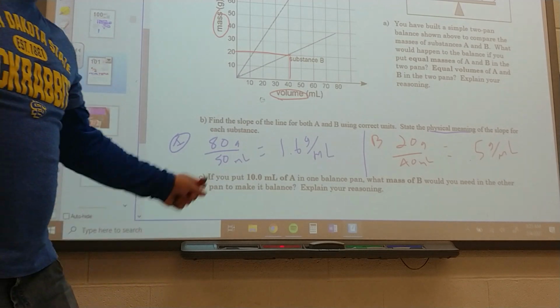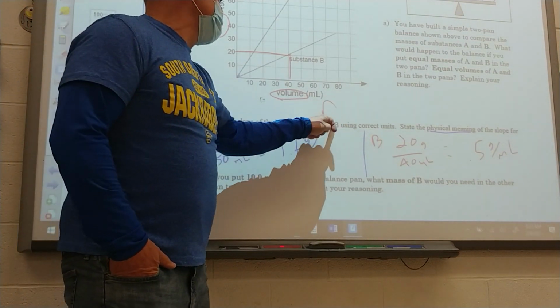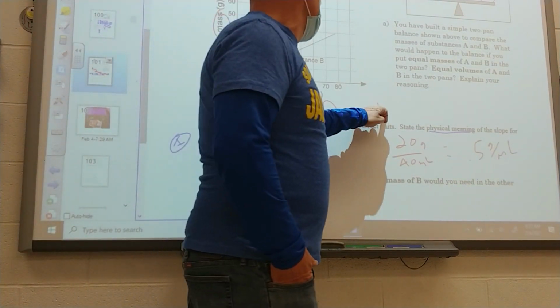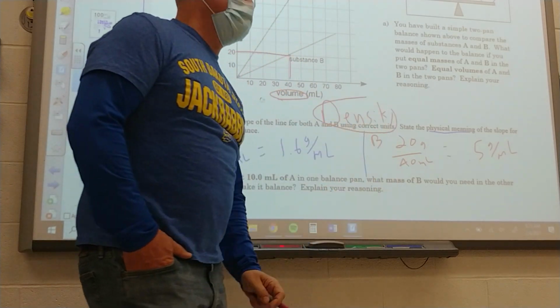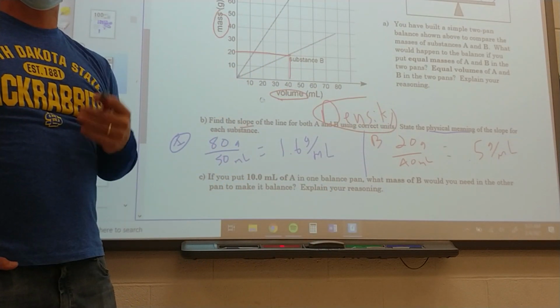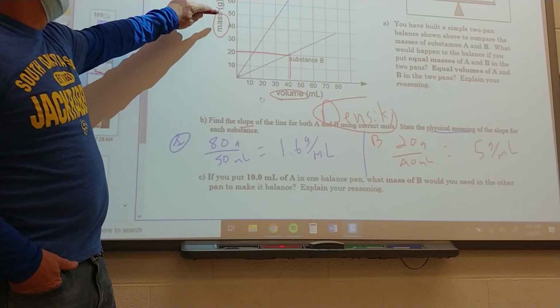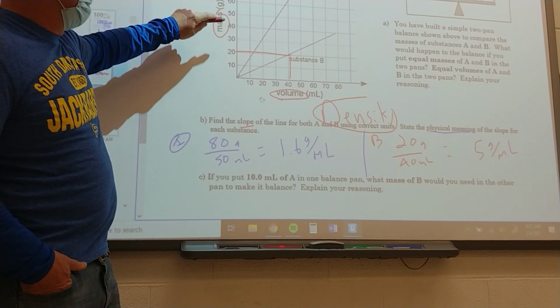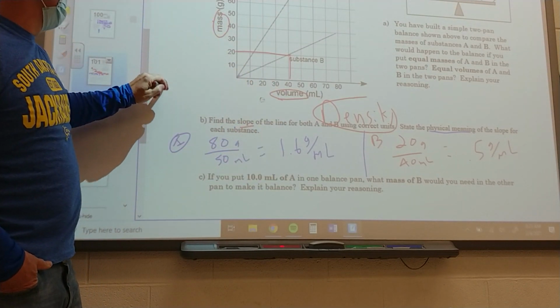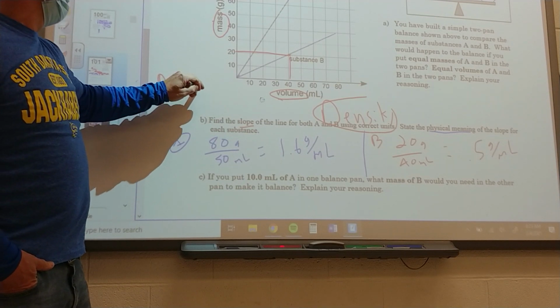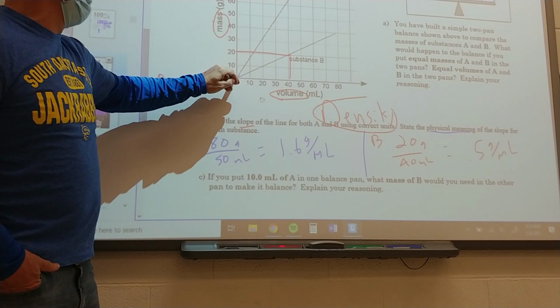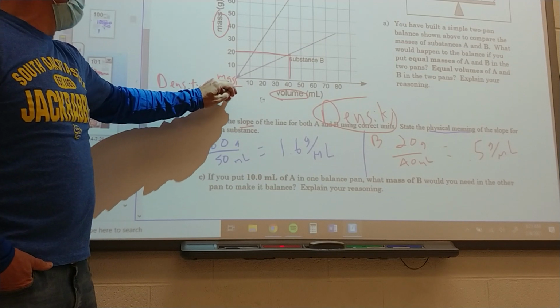Saying that two different ways, but these are densities. I know it said to find the slope. It's the same thing when you have mass on your rise and volume on your run. Density equals the relationship or the proportion of mass to volume.